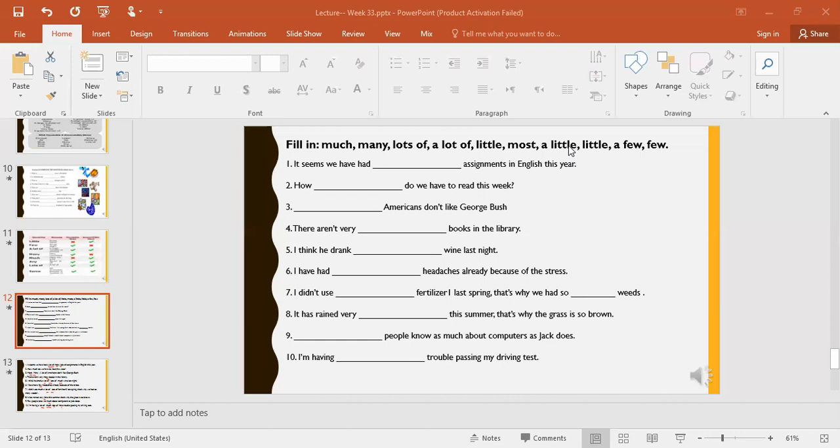It has rained very this summer. That's why the grass is brown. It has rained very. Much. No, the grass is brown. If it had rained, the grass would be green. Yes, Gabi. Very little.